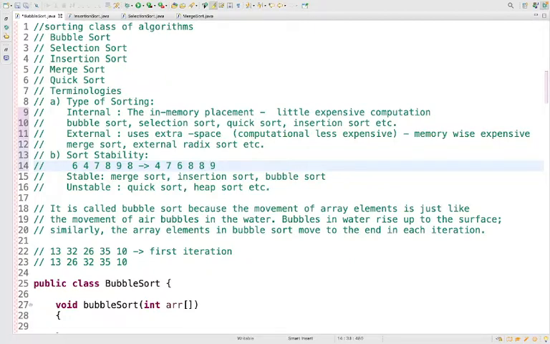Now if we are saying the algorithm is a stable algorithm, that means this 8, the first position 8 in the sorted array, and the position it had in the original array should be the same. They should not swap. So the position of a particular element, even though they are duplicated in the array, they should keep their position first. That means this 8, the highlighted one, should come before the second 8 which is at the last of the input array.